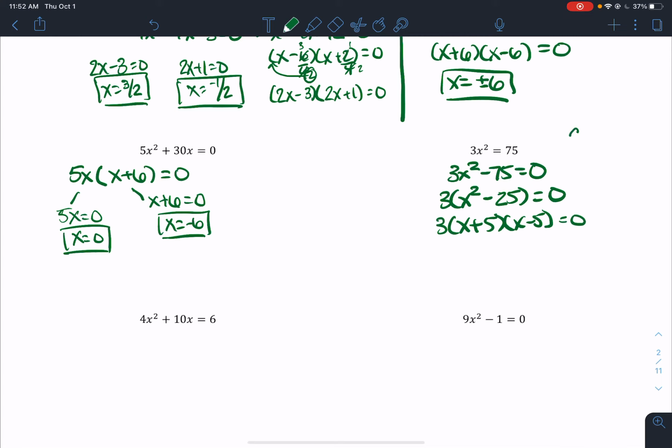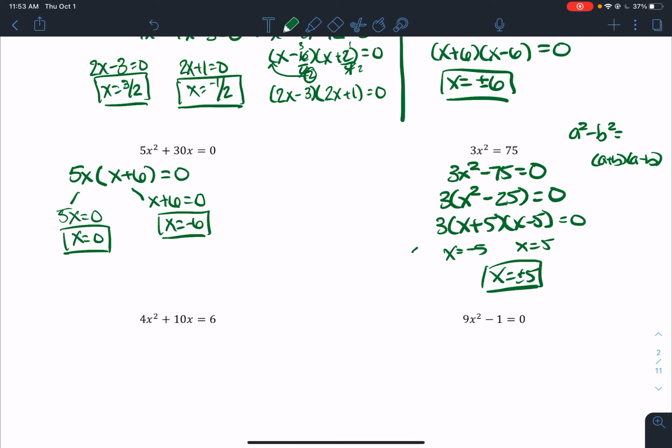Remember, difference of two squares, a squared minus b squared equals a plus b times a minus b. So x equals negative 5 and x equals 5. So x equals plus or minus 5. We can ignore the 3 because 3 will never equal 0.